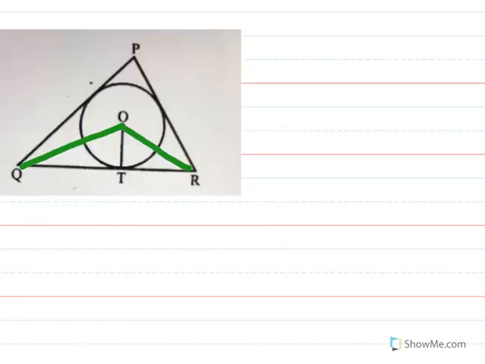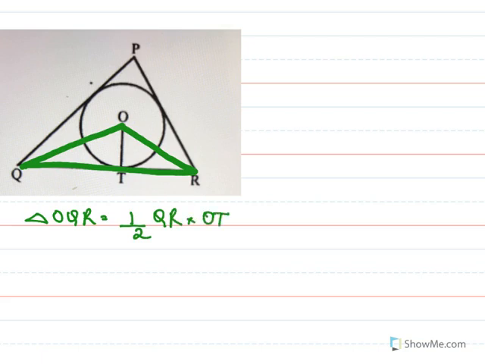So we again go to the same figure. For this triangle OQR, we have half base into height. QR is the base, and the height is OT.